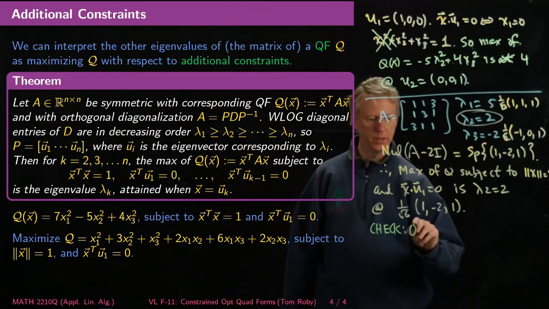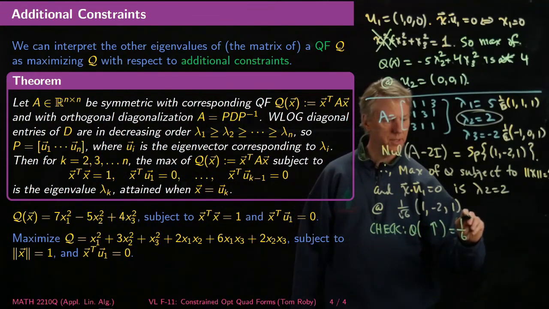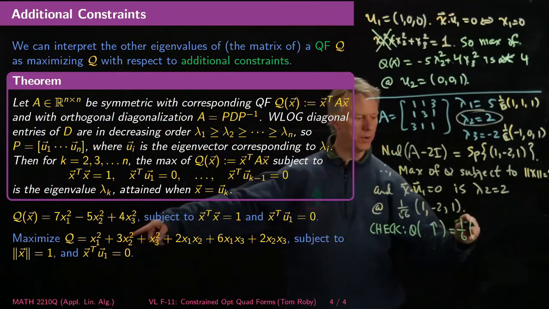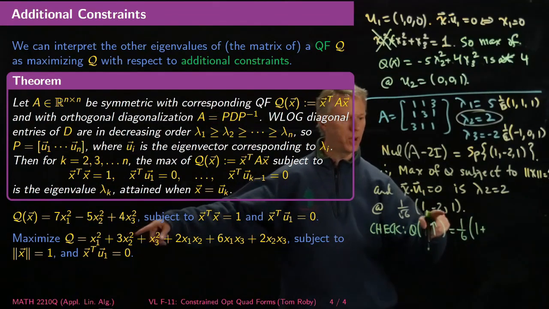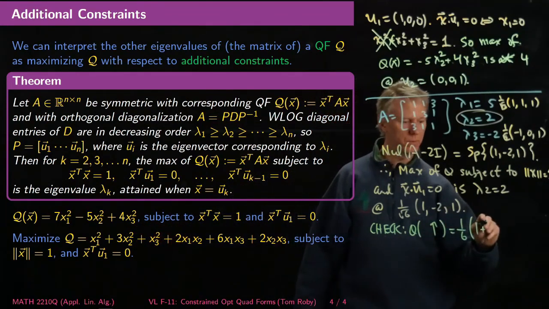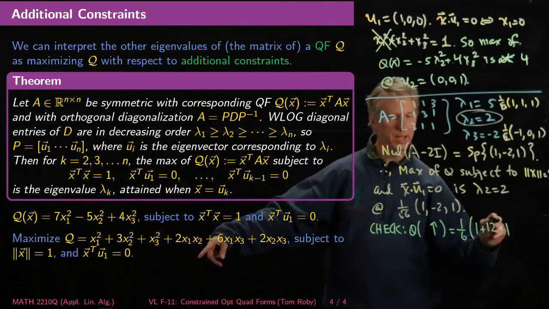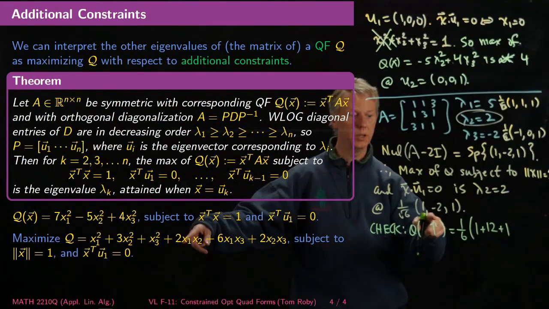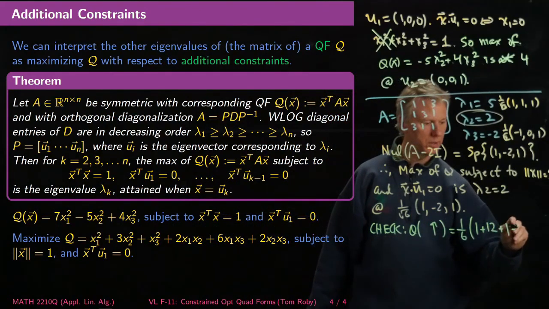So Q of this is going to be 1/6 times, OK, so now what do I have to do? I have to take the square of this, so that's 1, plus 3 times the square of this, so that's 3 times 4 is 12, plus the square of this, that's 1, plus 2 times x1, x2, so that's 2 times minus 2, so that's minus 4.